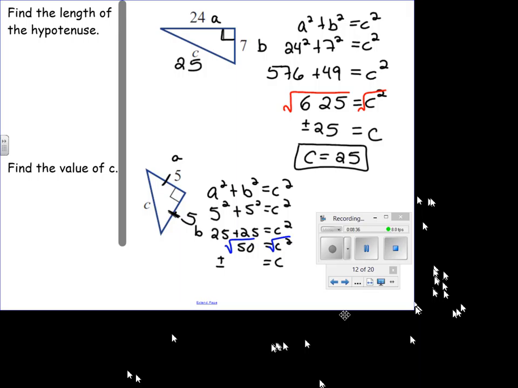So I'm going to change this equal sign to approximate 7.07. And again, I always want positive. So C is going to be approximately positive 7.07 as my final answer. So when I go back to my picture, I can say this is 7.07. It's the longest side. Makes sense that it winds up being about that long.